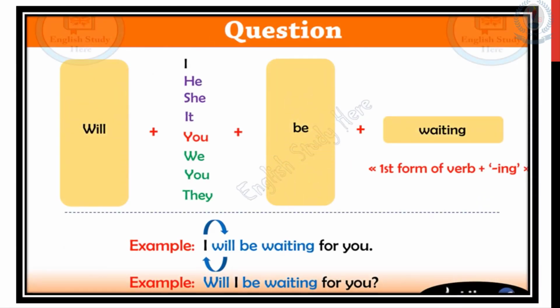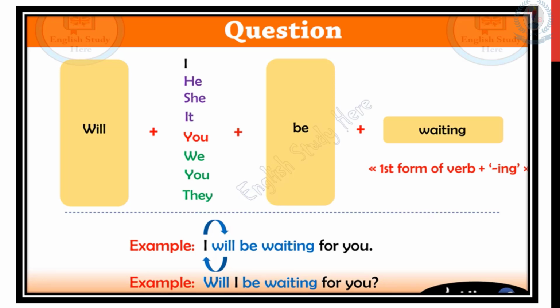Then the third part is the question. As I told you, will comes first in the sentence. Will I be waiting? Will he be waiting? Will she be waiting? There are 7 pronouns. You can see here I, you, we, they, he, she, it.